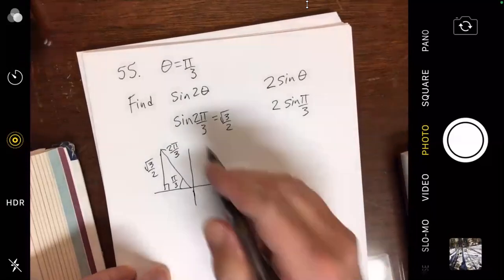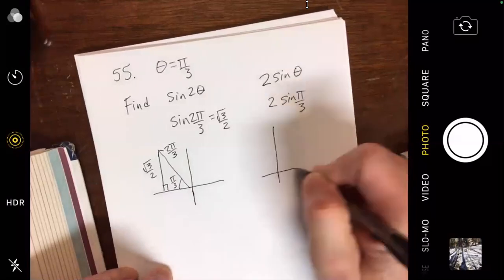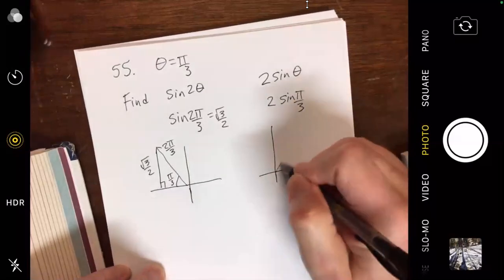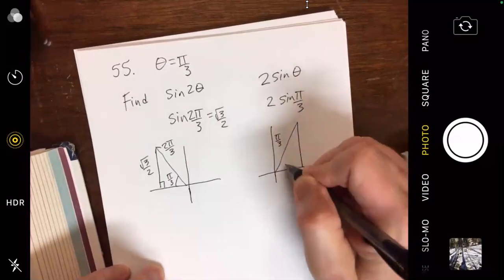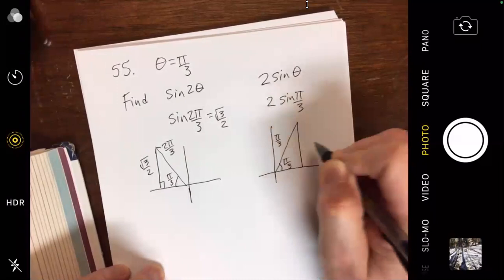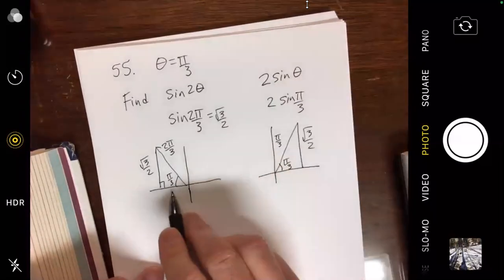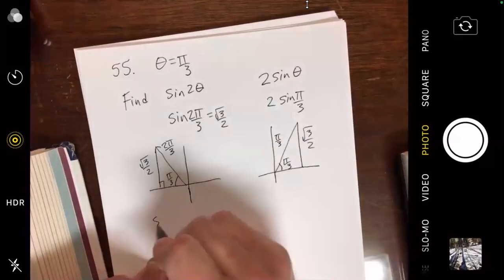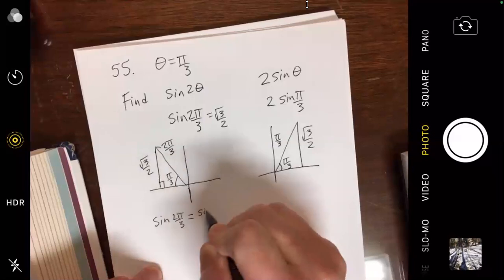And you can punch it in radian mode and show it's the same thing. Come over here and do pi/3. Pi/3 here. And your y coordinate is the same thing, √3/2. So your reference is pi/3, which means the sine of 2 pi/3 equals the sine of pi/3.